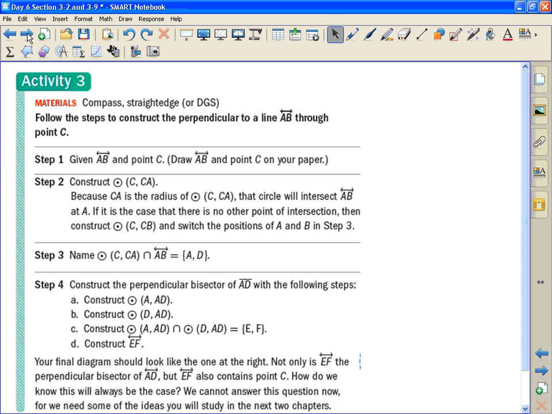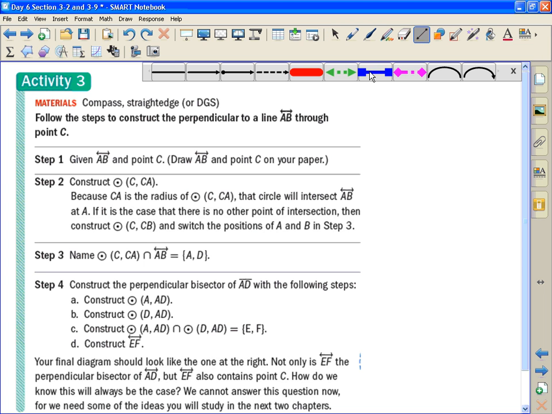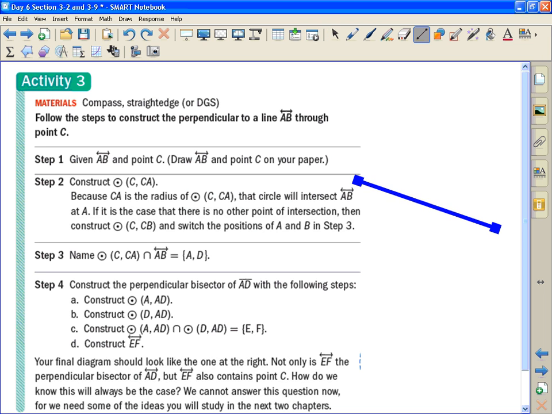Next activity. We're going to construct the perpendicular to line AB that is going to go through point C. So to do this, the first thing I need to do is construct a segment AB.